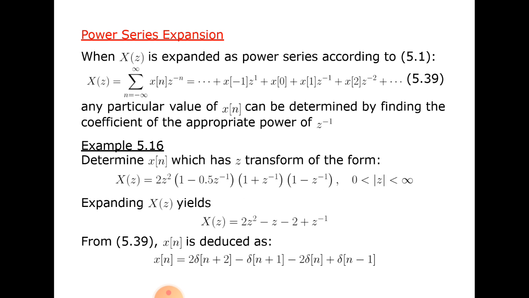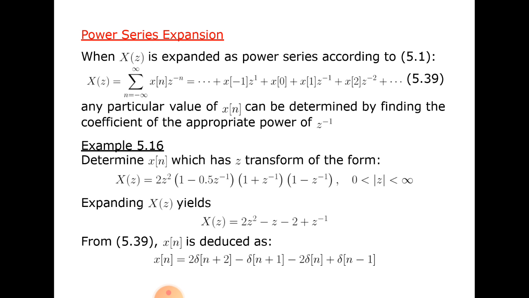And power series expansion. When X(z) is expanded in the power series, X(z) is equal to the summation n equal to minus infinity to plus infinity of x(n) z^-n, which is equal to x(-1) z^1 plus x(0) z^0 plus x(1) z^-1 plus x(2) z^-2 plus and so on.